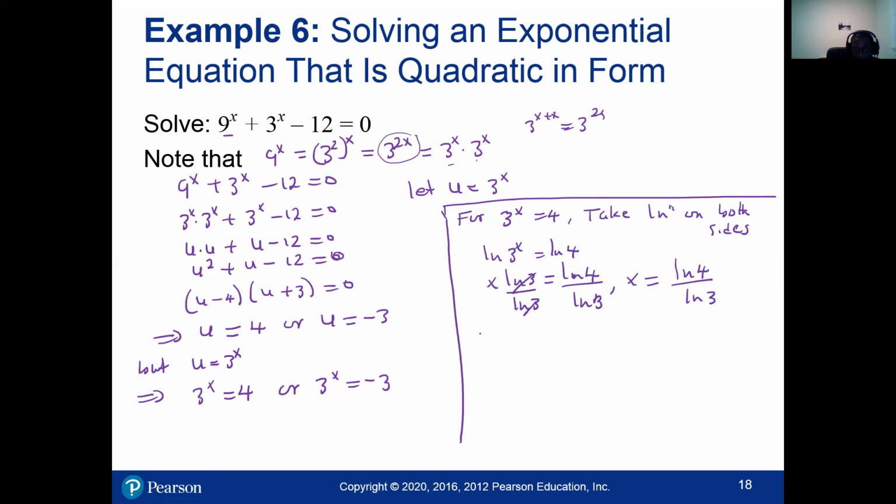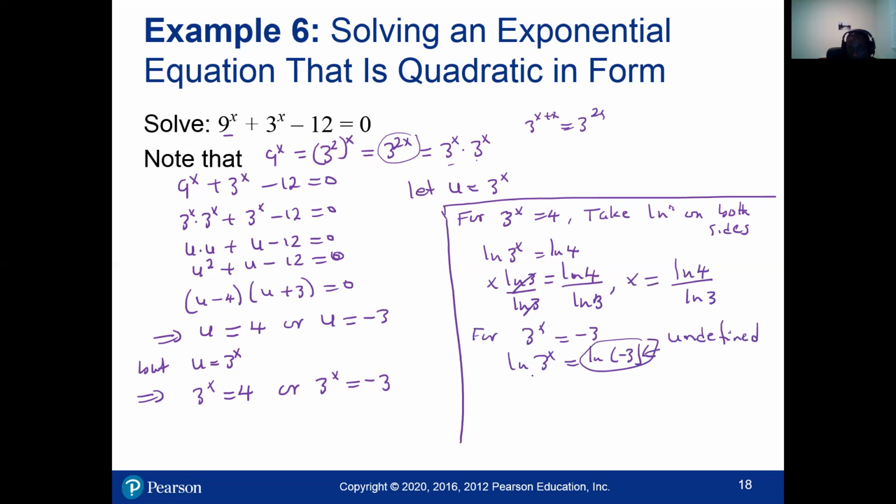Then for the other one, you have 3 to the x is equal to negative 3. If you take natural log on both sides, this part here is undefined, because for the natural log to exist, the argument must be positive.